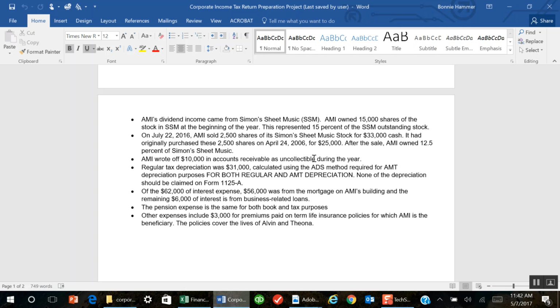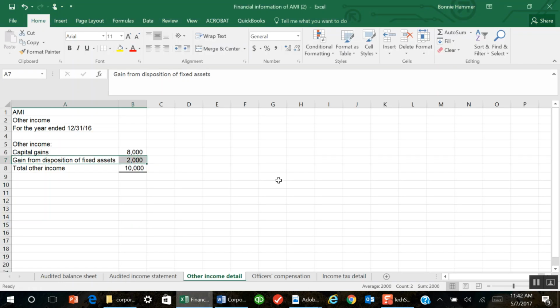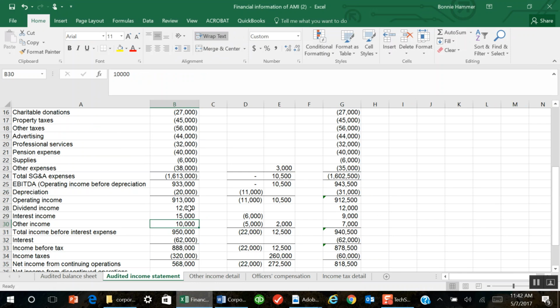The other reason I gave you these facts was to let you know that after the sale, AMI only owned 12.5% of Simon Sheet Music. And I wanted you to know that because if you look on your income statement, there's actually dividend income of $12,000. And you have to decide whether you get a dividend received deduction for that.